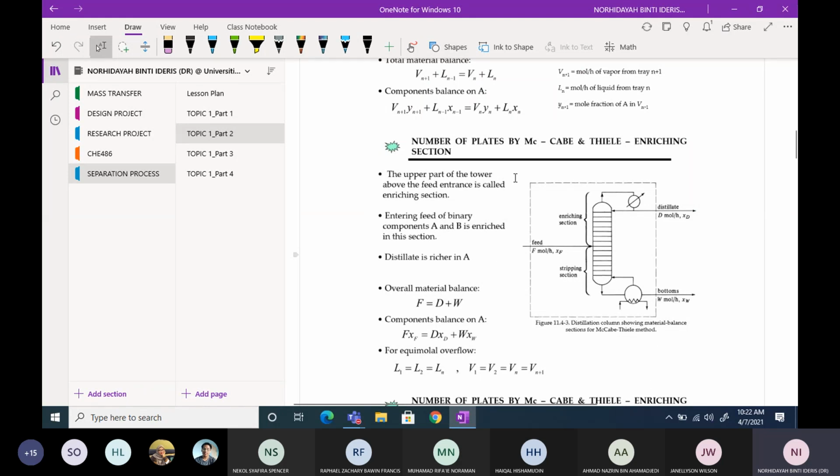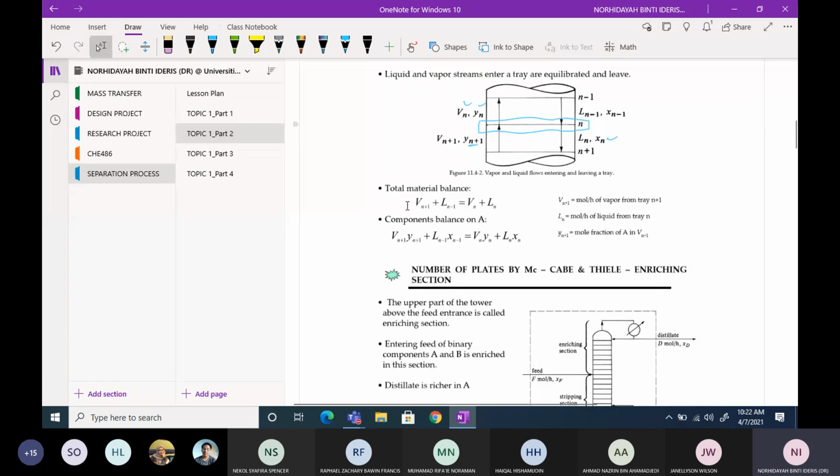If you look here, the upper part of the tower above the feed entry is called the enriching section. Here is the example of the total material balance. In the next slide, the material balance is conducted at this boundary, so Vn plus 1 plus Ln minus 1 is equal to Vn plus Ln.